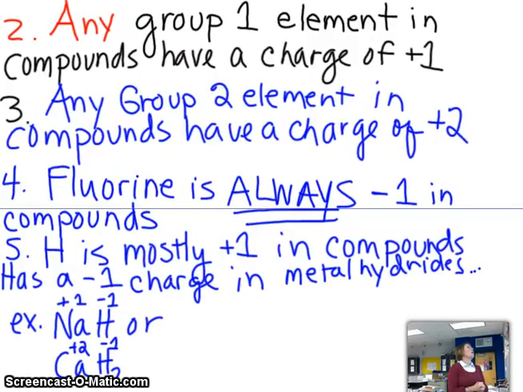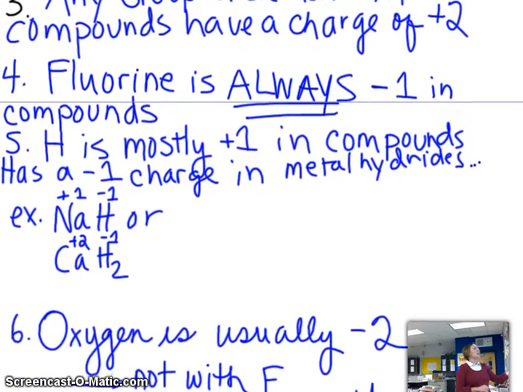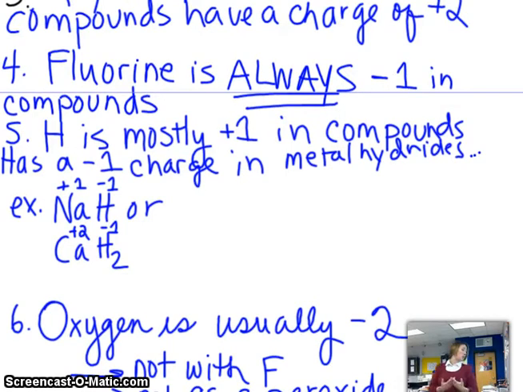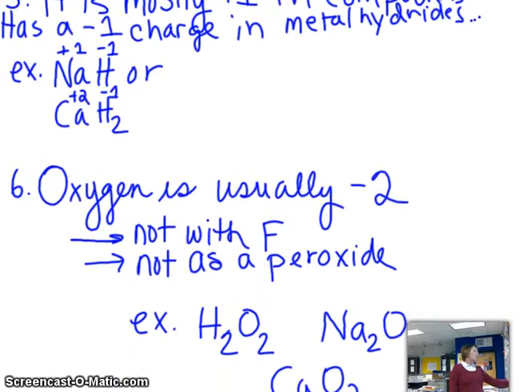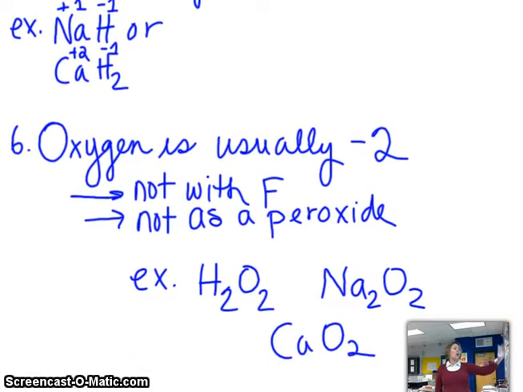Okay, so group 2 in compounds are always +2. Fluorine is always -1 in compounds. Hydrogen is mostly +1 in compounds. The only time it's not is when it's in what's called a binary metal hydride, like group 1 with H or group 2 with H. And that makes sense. Since group 1 is +1, group 2 is +2, H will have to be -1. And finally, oxygen's usually -2 unless it's with F or it's in a peroxide, because if it's with F, it has to be positive. In a peroxide, it's -1.